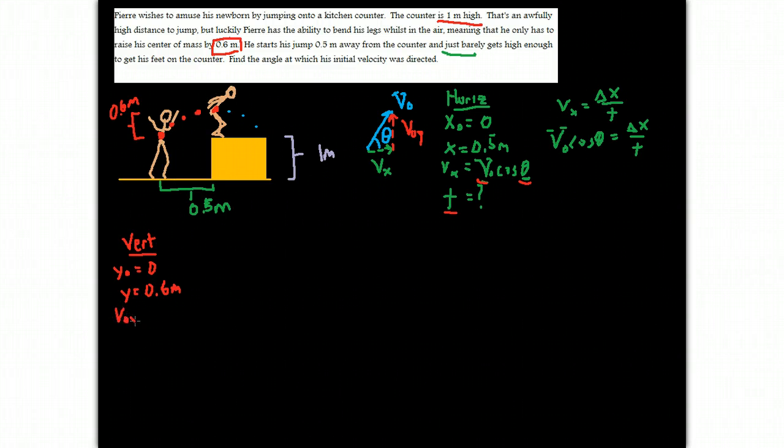And the initial vertical velocity is going to be the overall initial velocity times the sine of the angle. And as I stated before, the final velocity in the y direction is just going to be 0 because we've gotten to the maximum height. The acceleration we know: negative 9.8 meters per second squared.